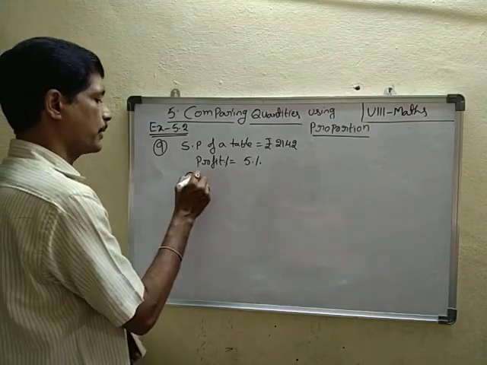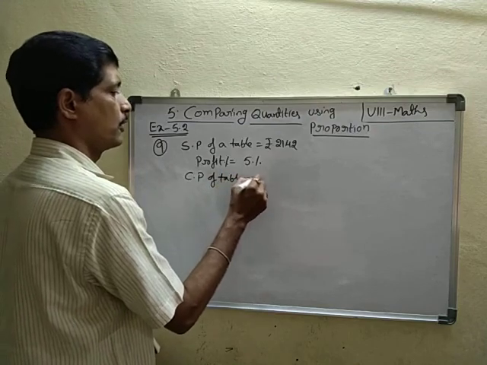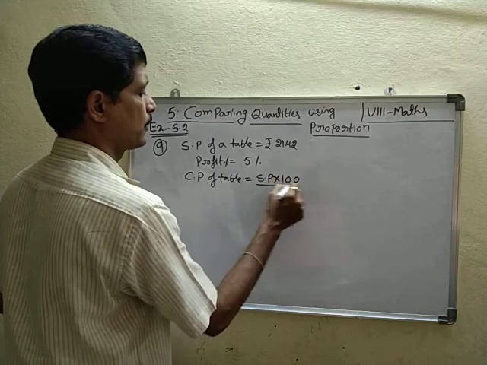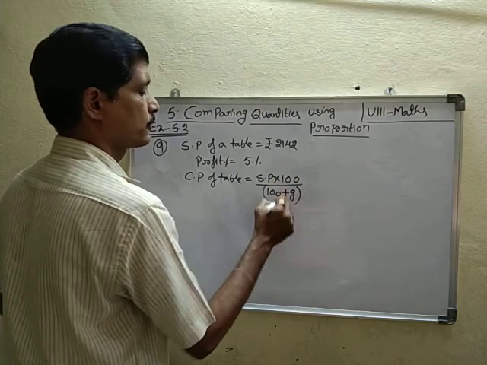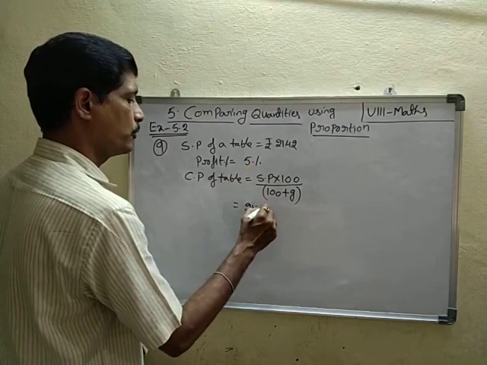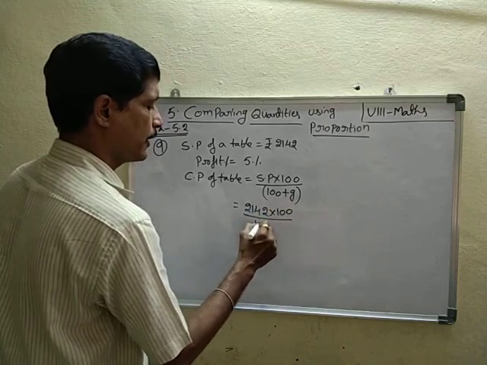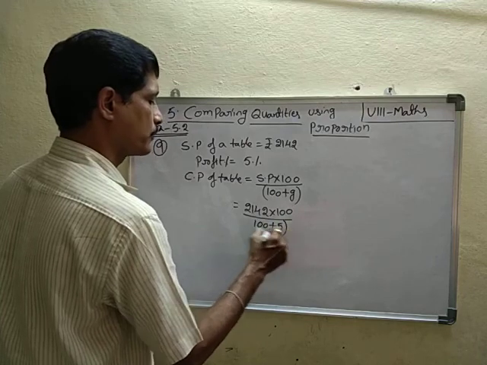Therefore, cost price of the table equals SP into 100 by 100 plus gain. Here SP equals 2142, into 100 by 100 plus gain, meaning the gain percentage or profit percentage, that is 5.